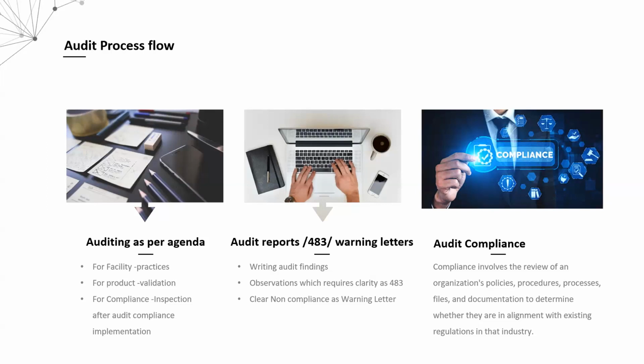That will be verified in the compliance. At the end of the audit, a judgment will be given on whether the facility or the product is complying with the regulation, and that will be given as a report, whether it is complying or not complying.